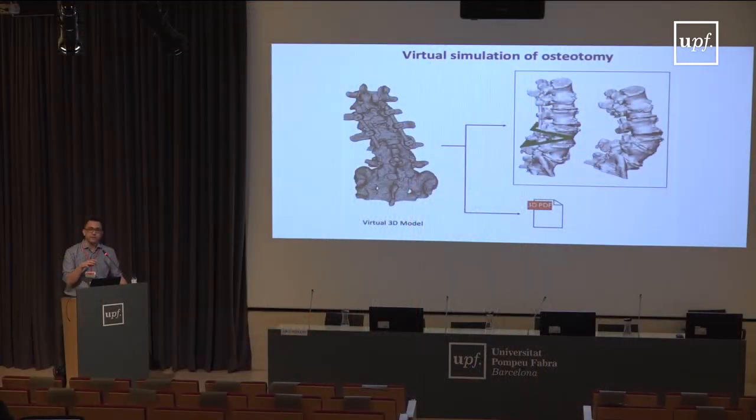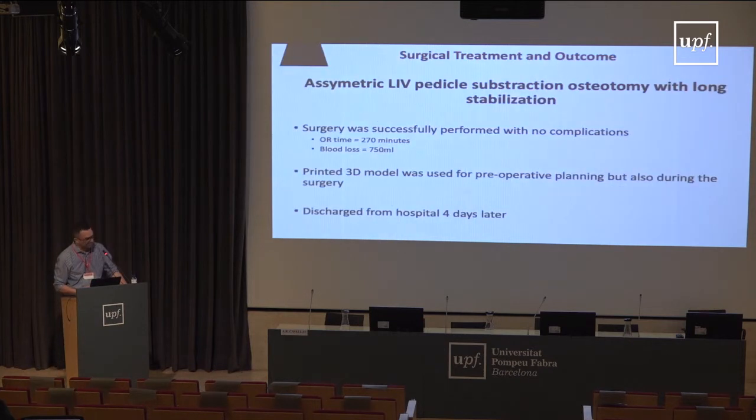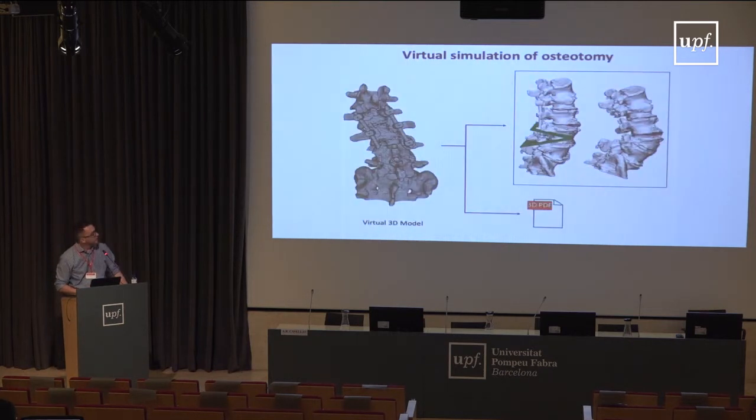And we also were able to simulate the osteotomy in the virtual environment. So before the surgery, we planned the osteotomy using the virtual model. And here you can see the plan for the osteotomy here.